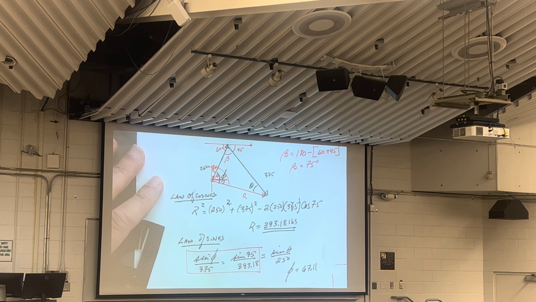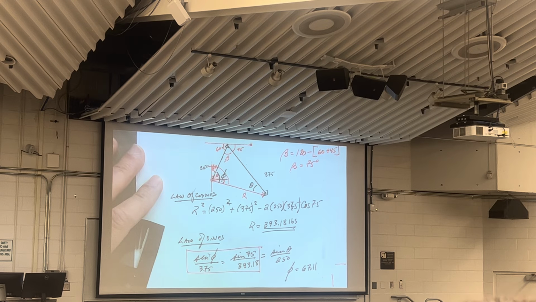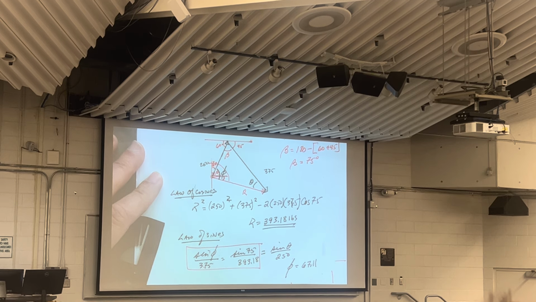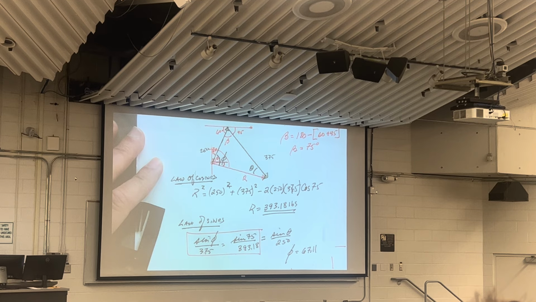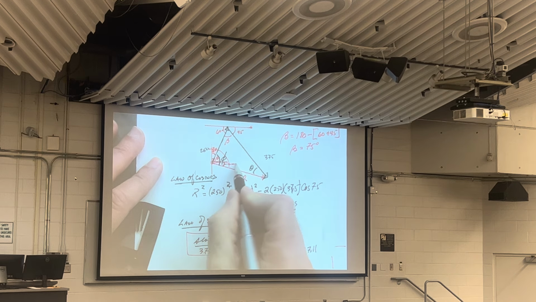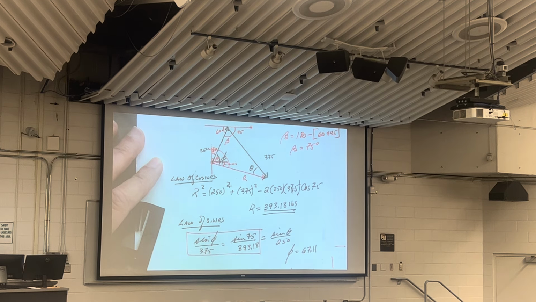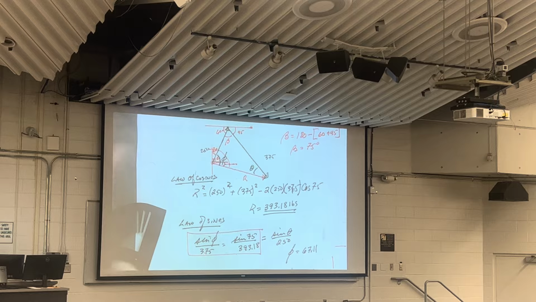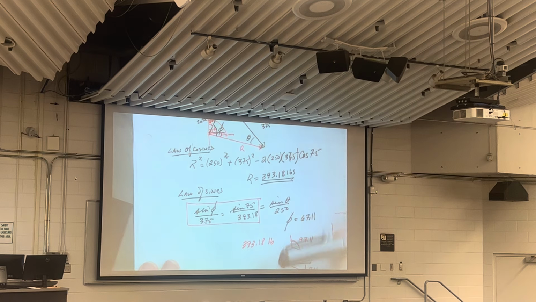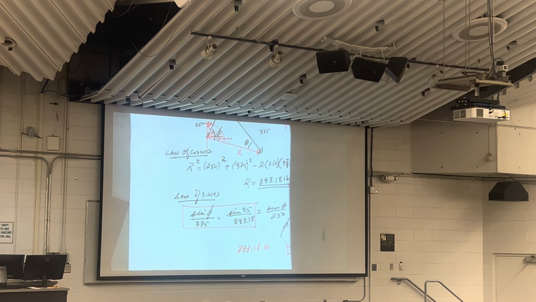So my answer would be 393.18 pounds at this angle here, which is 97.11. Or you could just give me this angle, which would be that angle right there, which would be 7.11. So I'm going to take either of those answers from you.